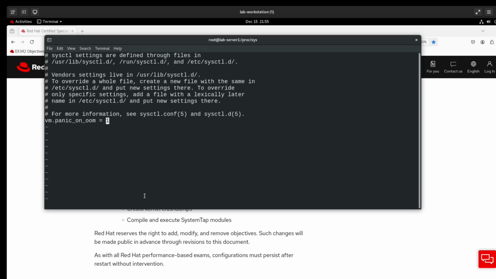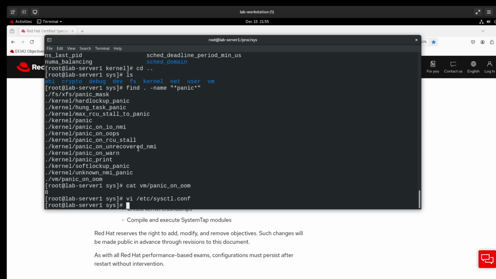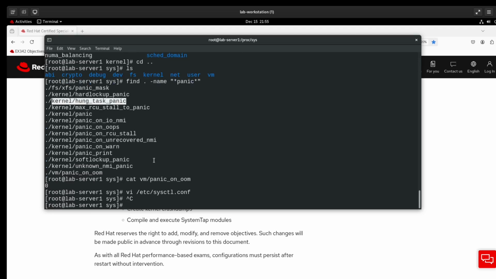So I'm going to tell that to be 1. And let's do kernel hung task panic. We're going to set that one to 1 as well.